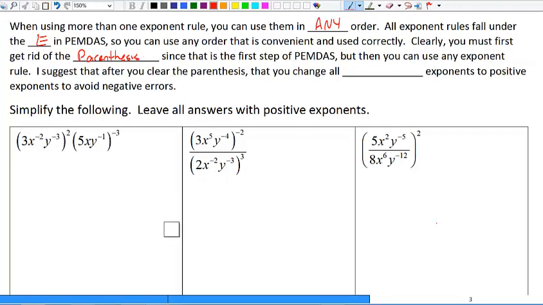But then after that, you can use any exponent rule in any order. Now, even though I give you free rein to use them in any order, I suggest that after you clear the parentheses, you change all of the negative exponents to positive exponents to avoid any negative errors. Again, that's not necessary, but I prefer that order.